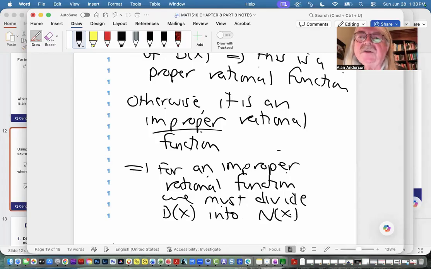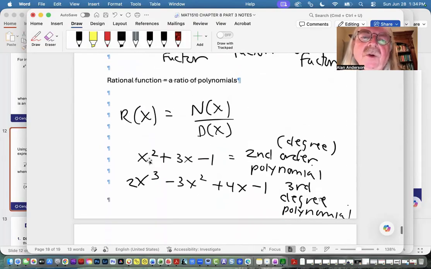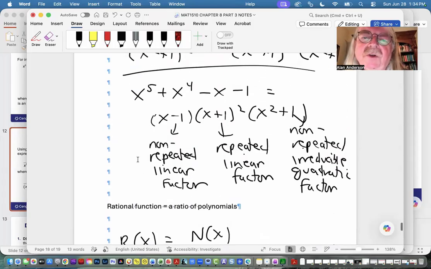And what that will do is produce two terms which are proper, either constants or proper rational functions. And then we can take it from there. If the ratio is improper, then the techniques we want to use won't work correctly. So we first do the division, then we'll have two terms on which we can apply our techniques. So we'll see that as we go along. I just want to mention that before we get any further, because it'll definitely show up somewhere along the way.